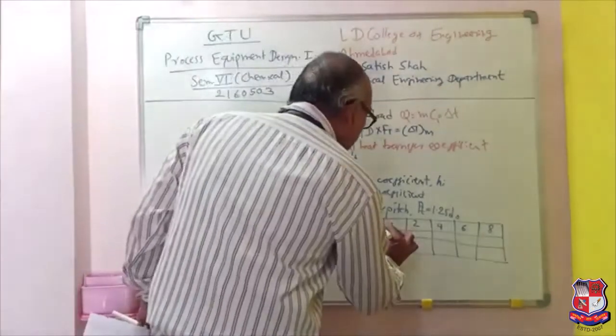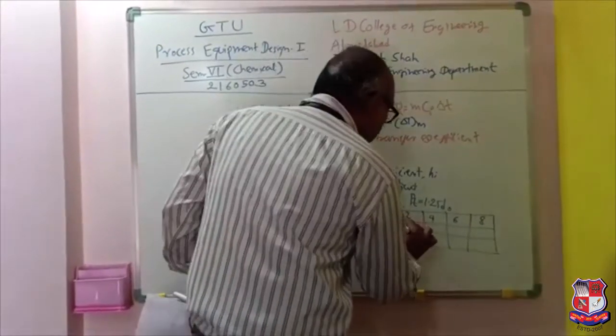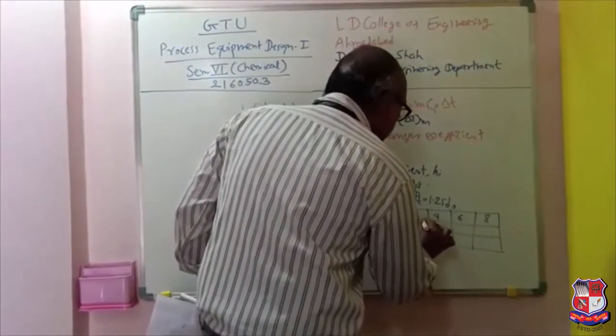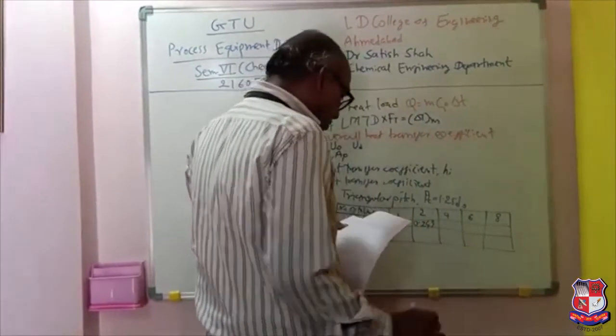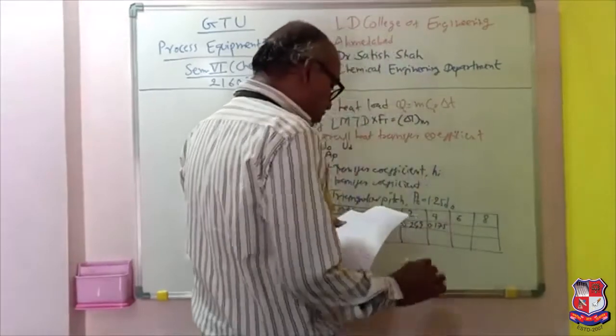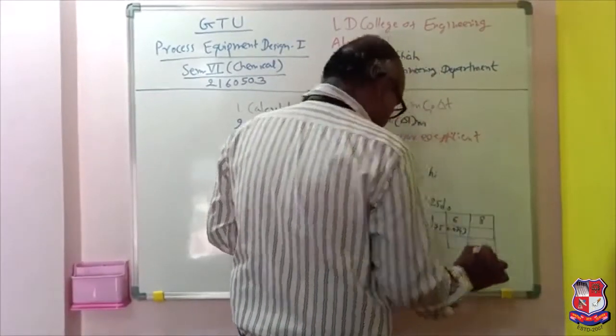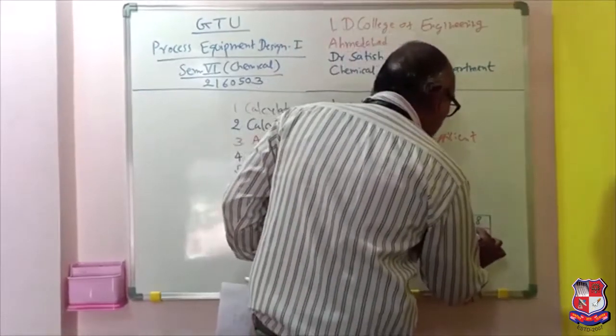This will be 0.319, 0.249, 0.175, 0.0743, and 0.0365.